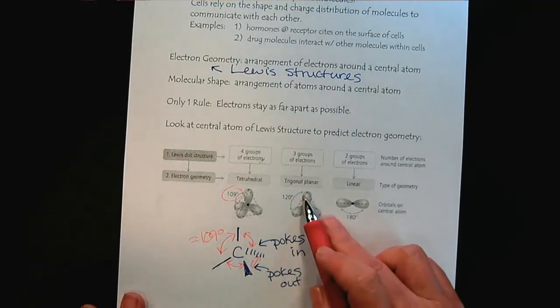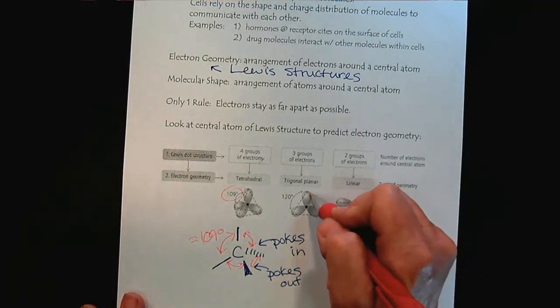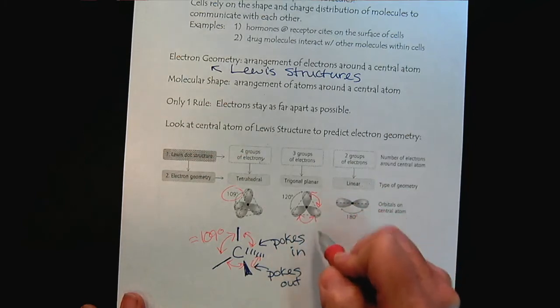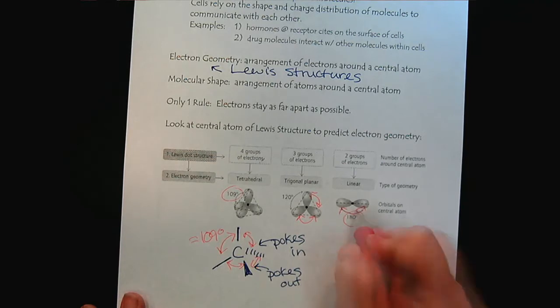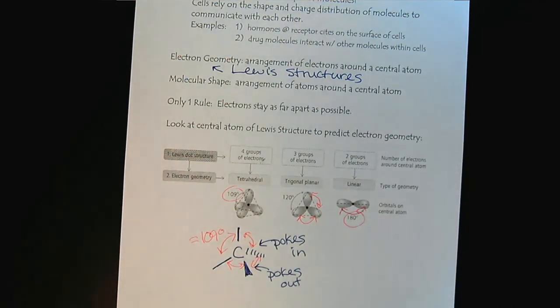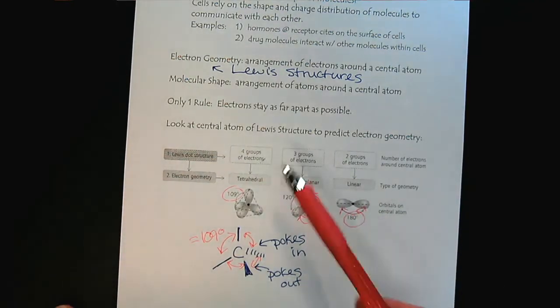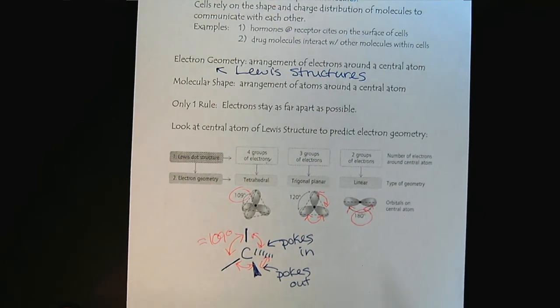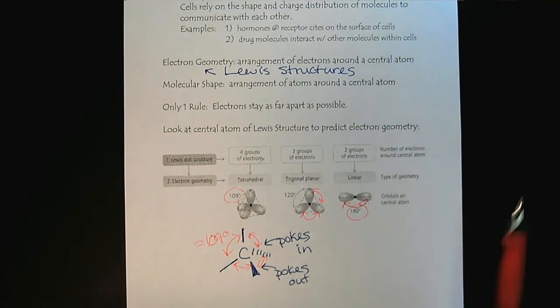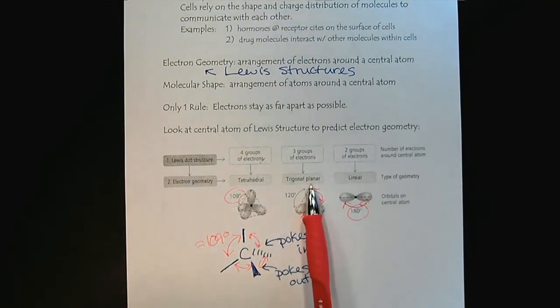With the trigonal planar, they're all 120. And for linear, it's 180. From the Lewis structure, we determine how many groups of electrons are around the central atom, and that tells us our electron geometry. There are only three possible electron geometries: tetrahedral, trigonal planar, and linear. And they have these corresponding bond angles.